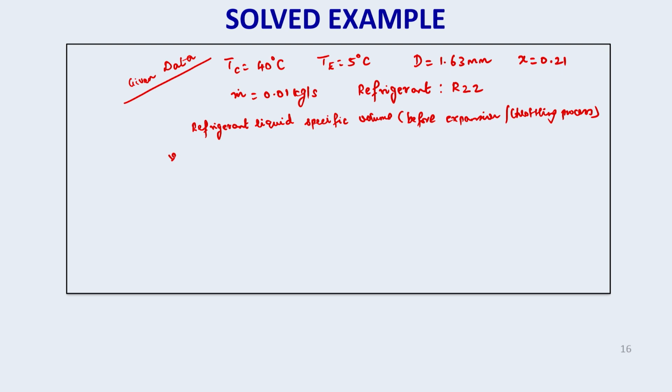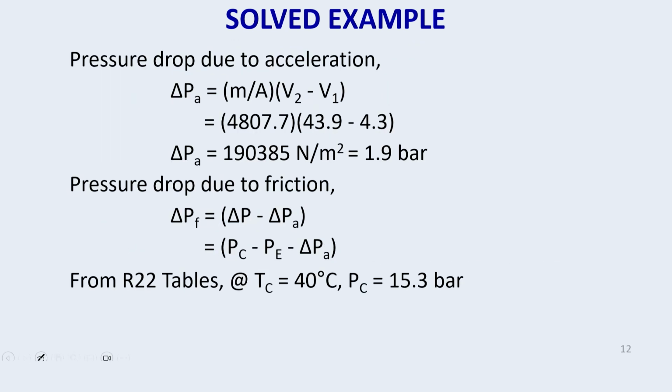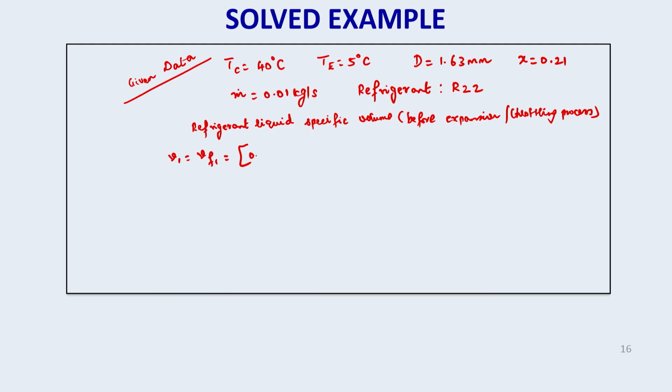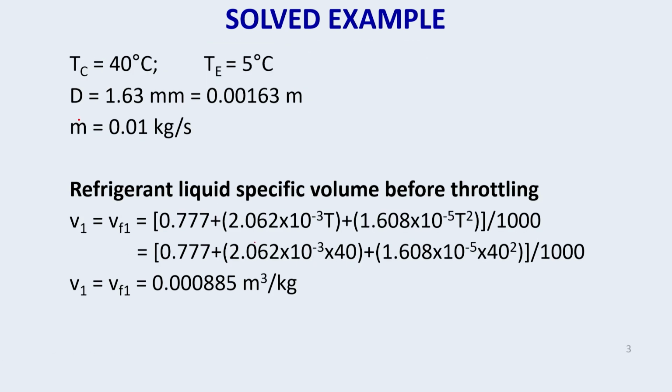So V1 is equal to VF1, which is given by an empirical relation: 0.777 plus 2.062 into 10 power minus 3 into the temperature.